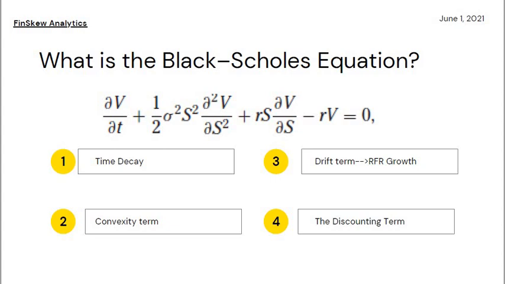Now, what is the Black-Scholes equation? The Black-Scholes equation is a partial differential equation with respect to its various inputs. As we know, the option price, let's denote it by V, is the option value, or you can say the price.